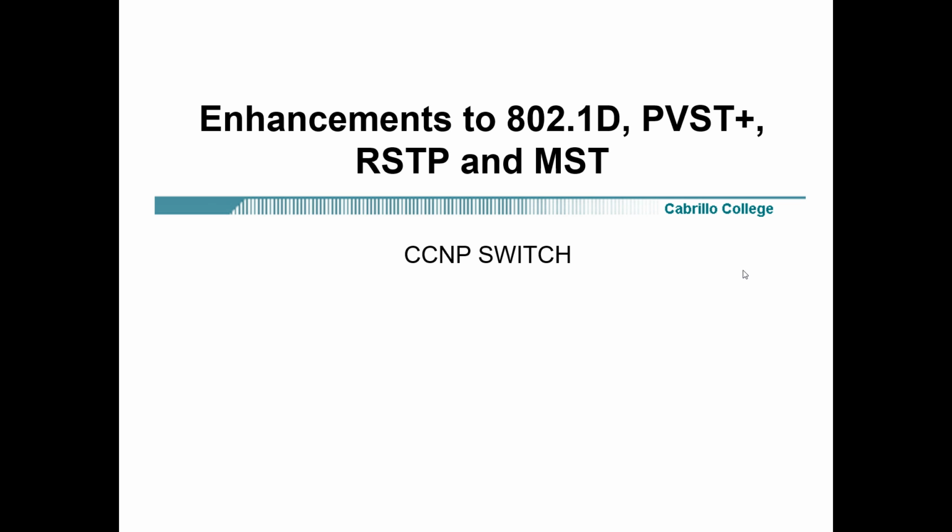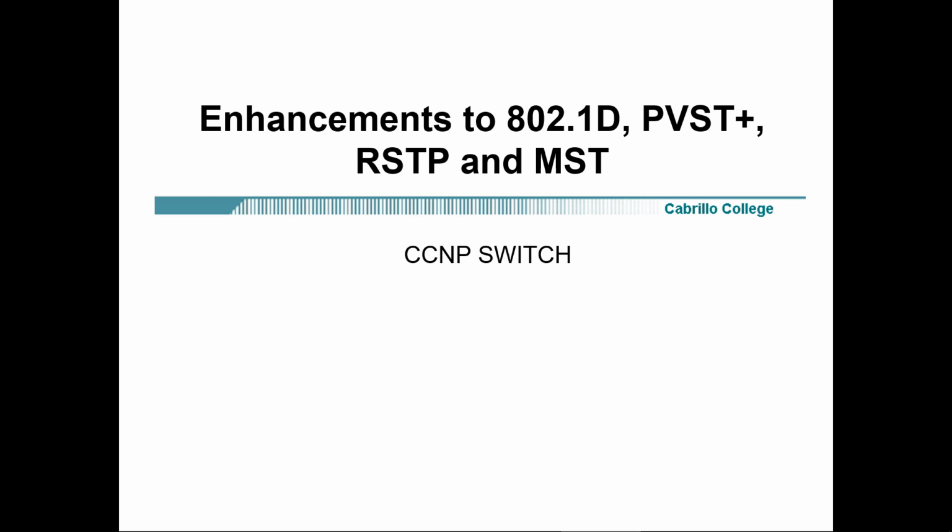And that is the first portion for our legacy STP. Now we're going to move into our next series for our advanced STP. Enhancements to 802.1D, that includes our PVST Plus, our RSTP, and MST.